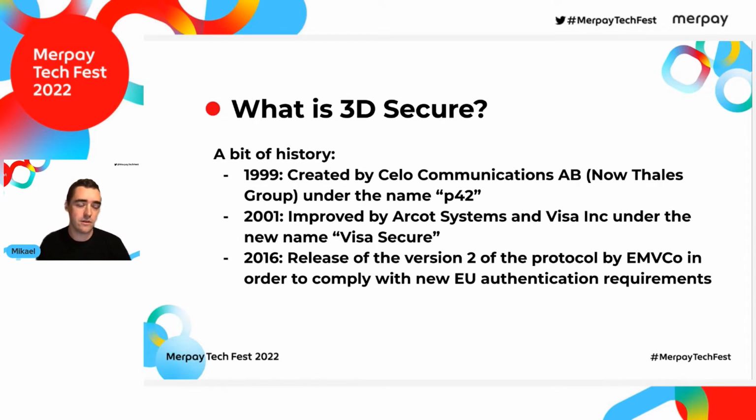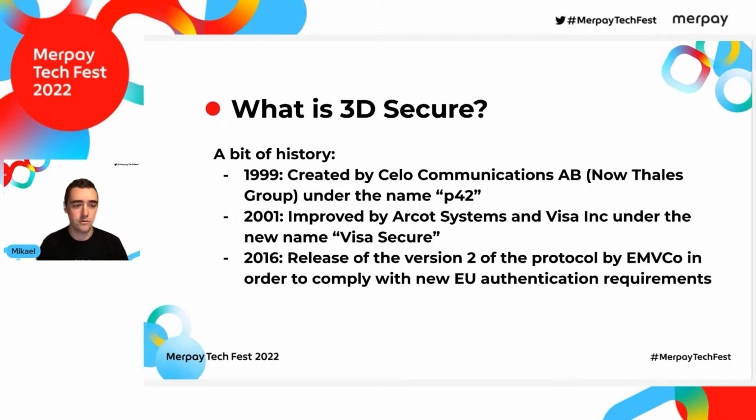So if we look a little bit at the history of this protocol, in 1999, it was created by Cello Communication AB. The old name, now it's Thales Group. And the first name of this technology was P42. In 2001, it was approved by Arcode System and Visa Inc. under a new name, Visa Secure.